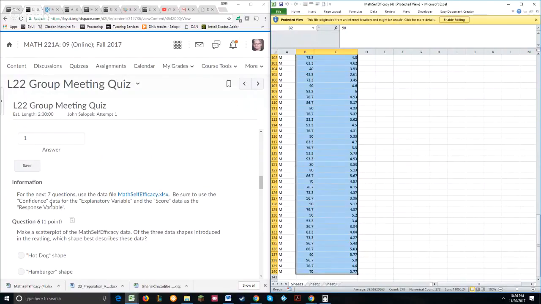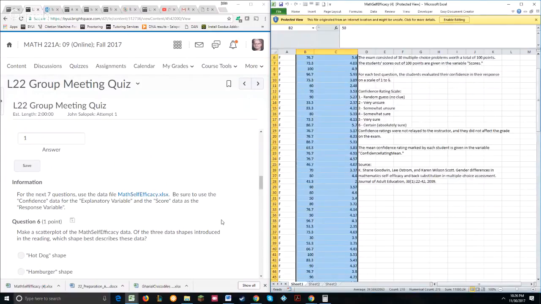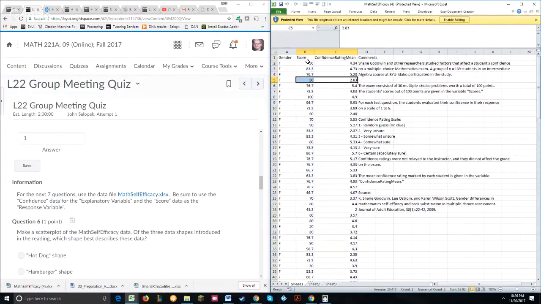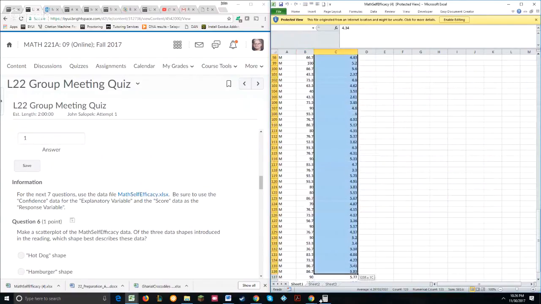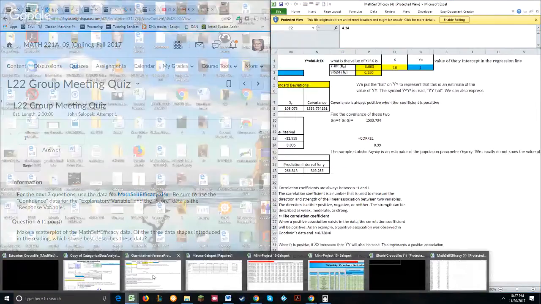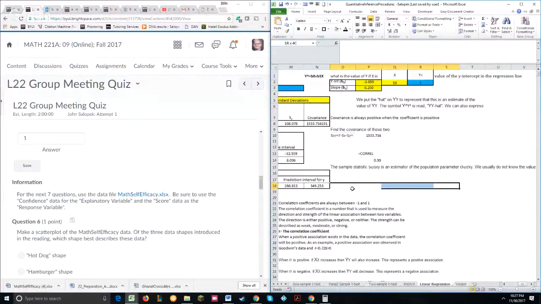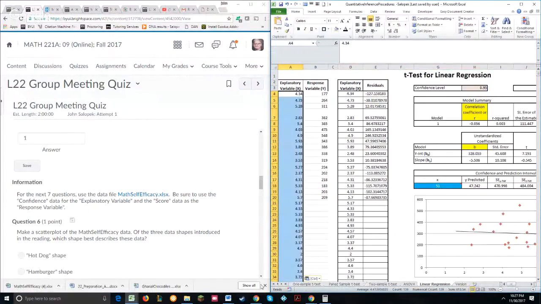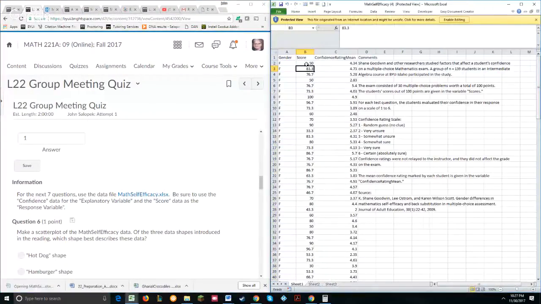All right, so the confidence data is the explanatory variable, and the score is the response variable. Okay. Next, scatter plot.